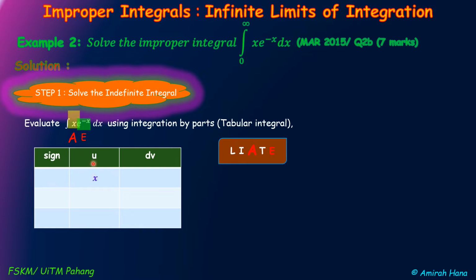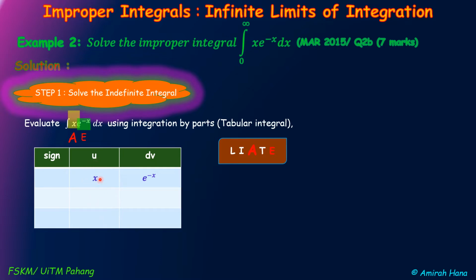So our u is x, and the other function becomes dv, meaning that e to the power of negative x becomes dv.